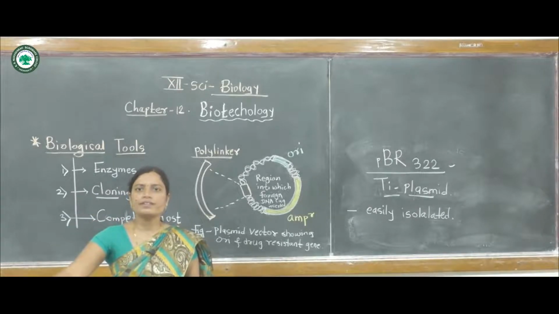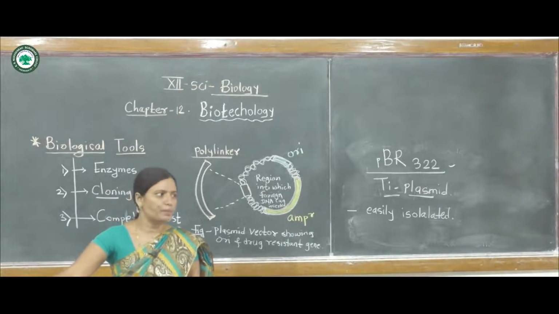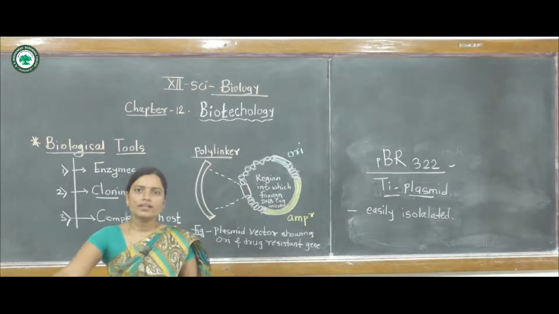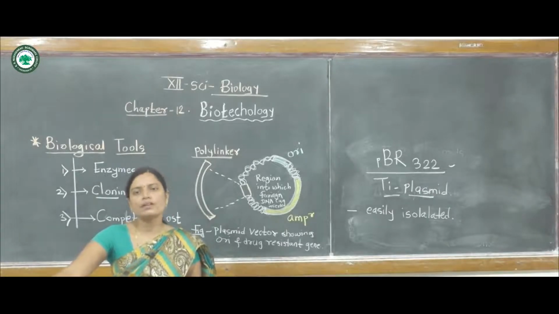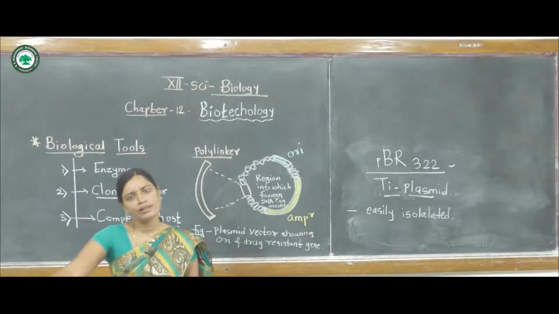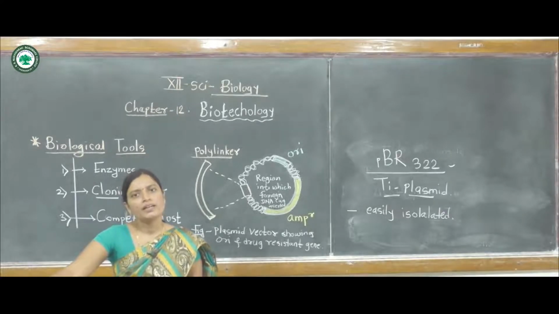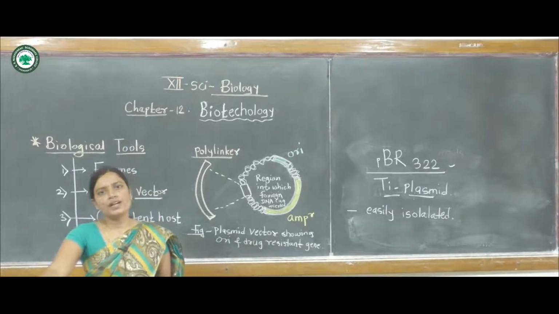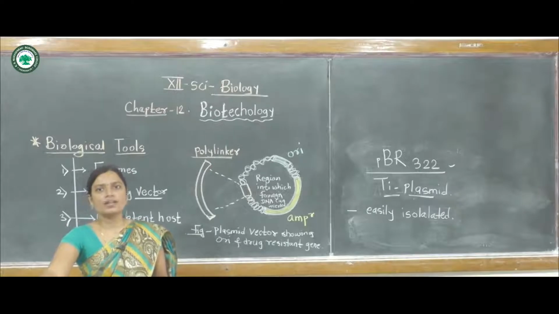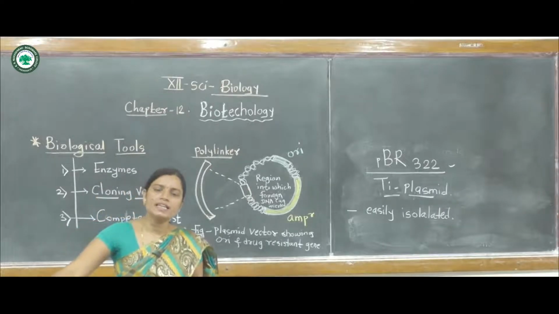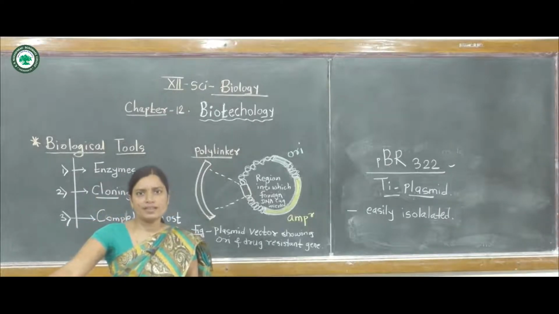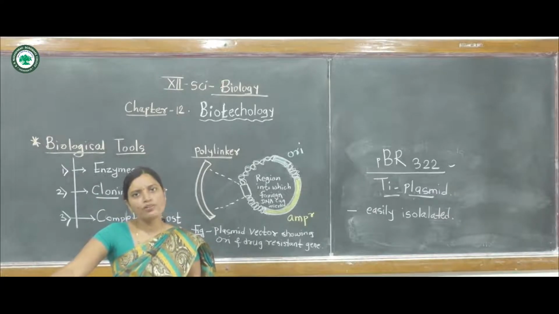With this vector, autonomous replication takes place in the cell, and it can be easily isolated from another cell or easily introduced into another cell. These are the most important good qualities of vectors.